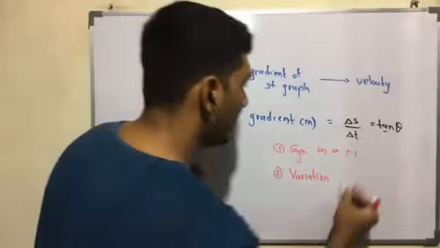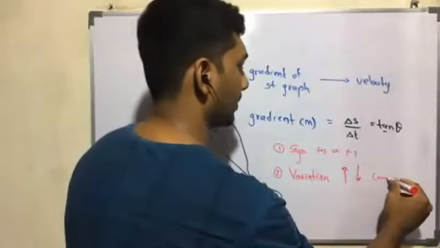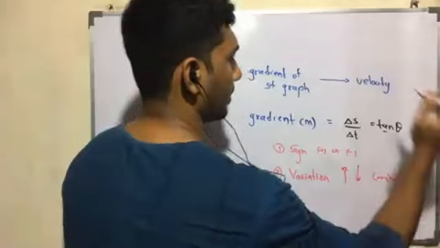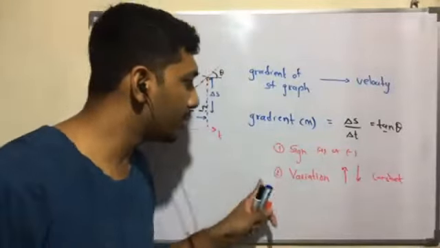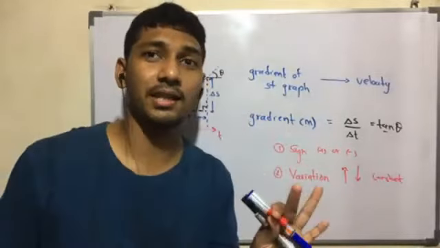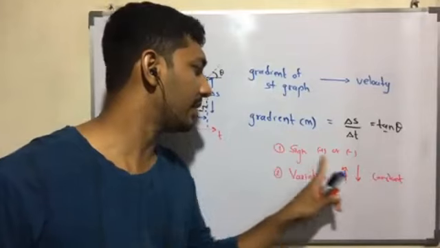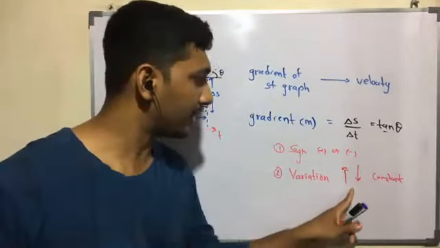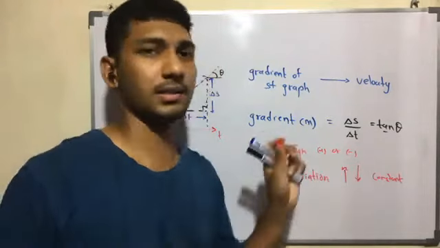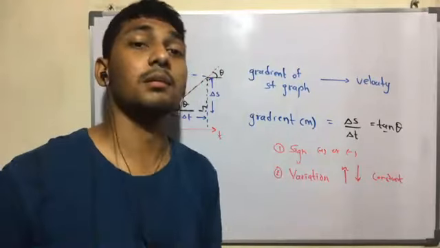It can be increasing, it can be decreasing, or it can be constant. So you should note it down. These are the two main things that we will use. First is the sign of the gradient, the other is the variation of the gradient. Okay, so now let's have a look at some examples.